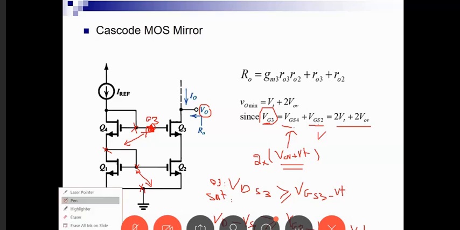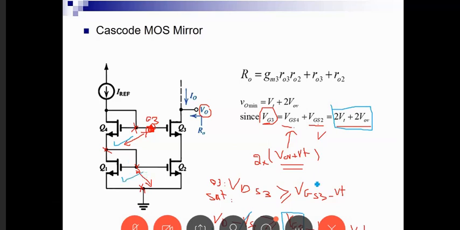So now, if we want to cancel VS3 from both sides, we end up with the constraint that we want VO to be greater or equal to VG3 minus VT. But this quantity here, I have already calculated it before from the VOV of this transistor and this transistor. So therefore, I know that the minimum VO is equal to VT plus 2 VOV. So I get that VO minimum has to be equal to VT plus 2 VOV.